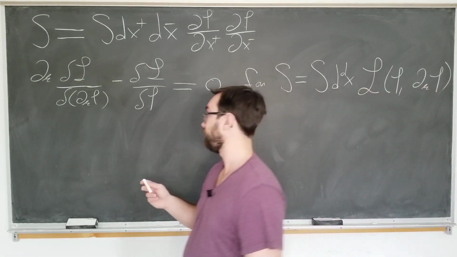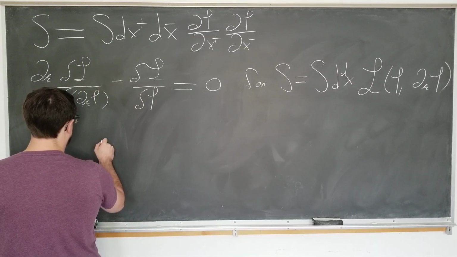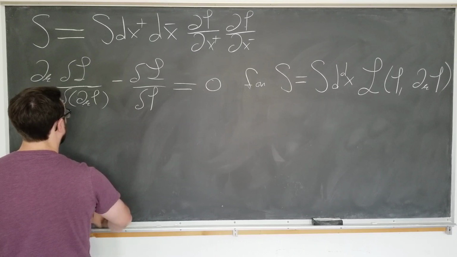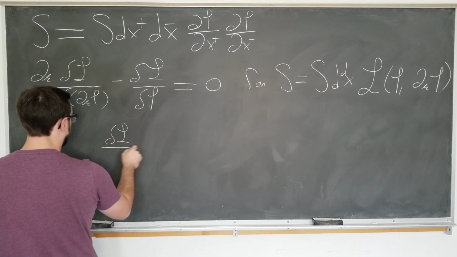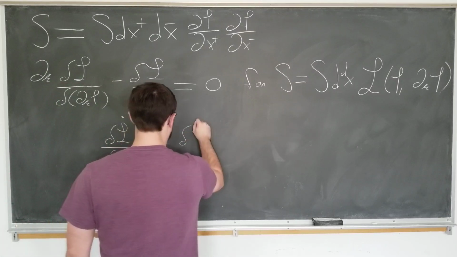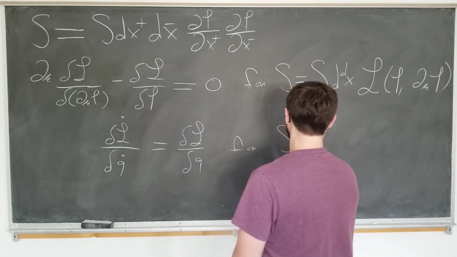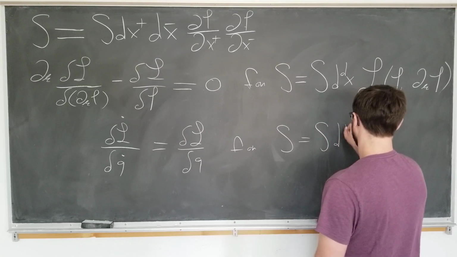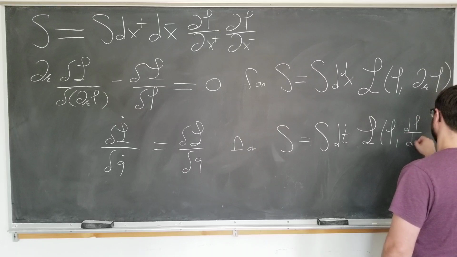You are most likely used to seeing these, which we're not going to use. Probably used to seeing this one. I'll write in the following form: dL by dq dot is equal to dL by dq if we had a single variable action where L is just a function of phi and then d phi by dx.